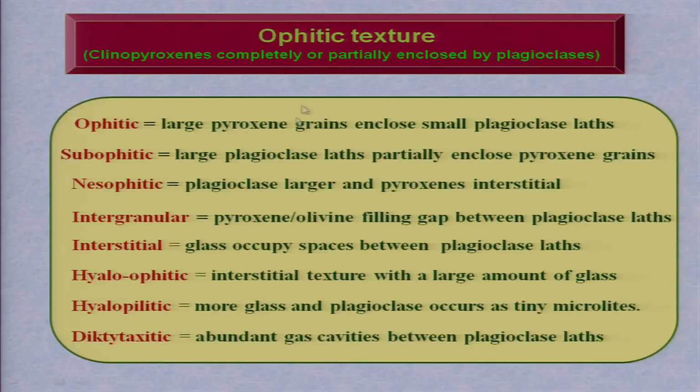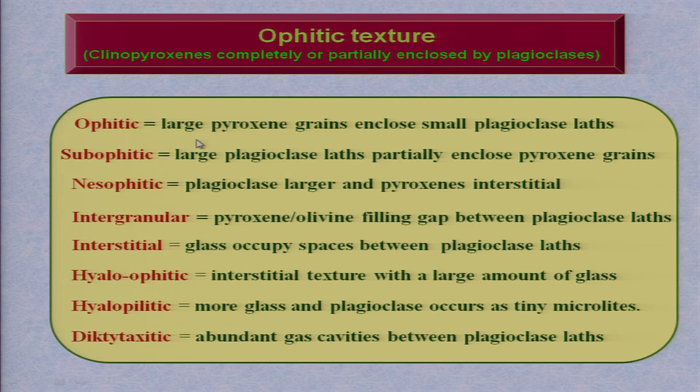Now, I am discussing a very specific variety of poikilitic texture which is also known as ophitic texture. In this ophitic texture, the clinopyroxene is completely or partly enclosed by plagioclase laths. There are varieties of ophitic texture and we classify it into a variety of textures.